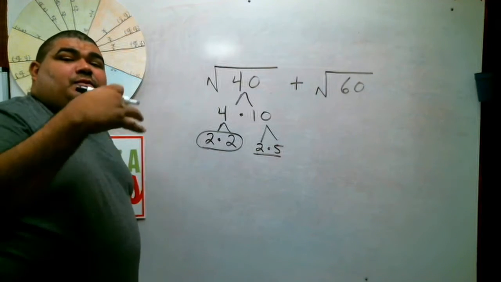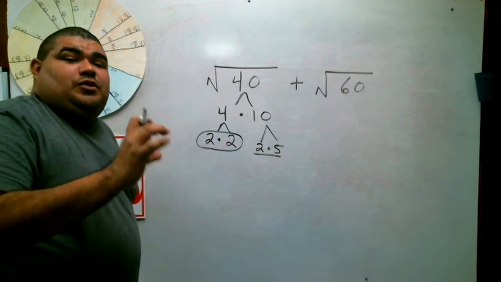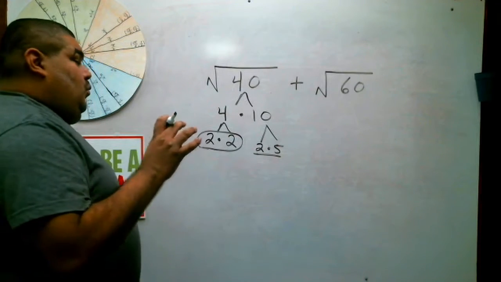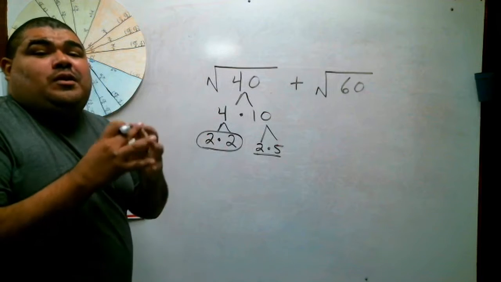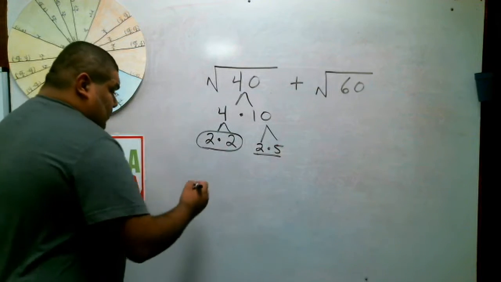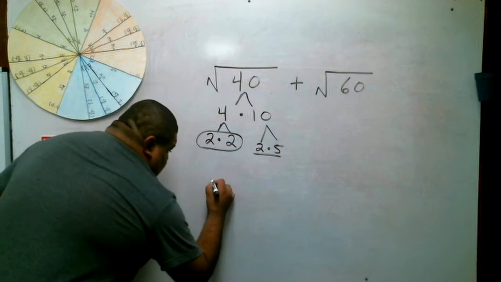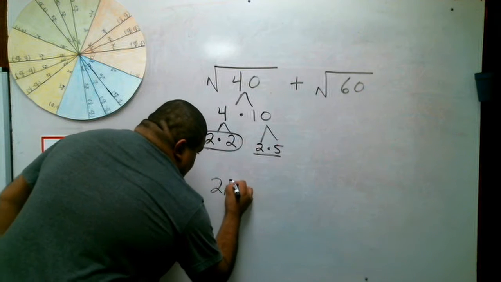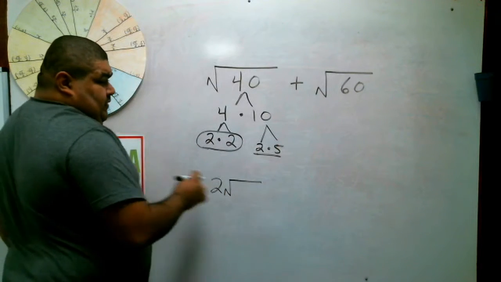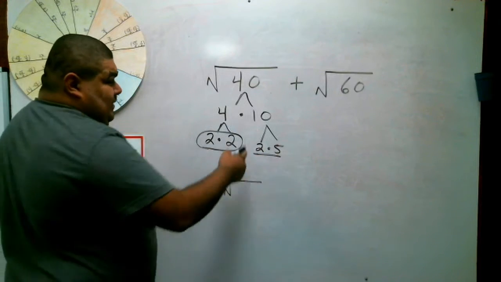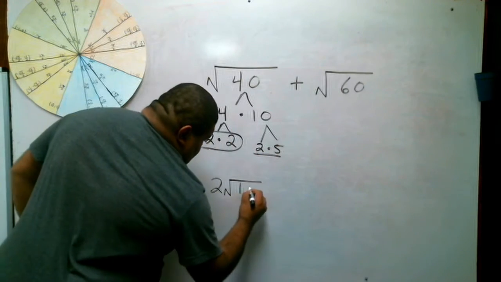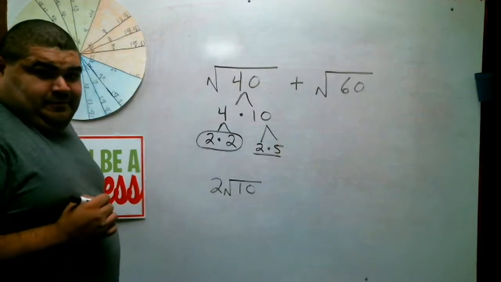Remember, whatever is left over goes inside the radical. The pairs go outside. When it comes to pairs, there's no longer 2 and 2. Okay. It's just one pair of 2's. So the 2's become 2 radical of 2 times 5, which is back to 10, right? So we leave it as radical 10.